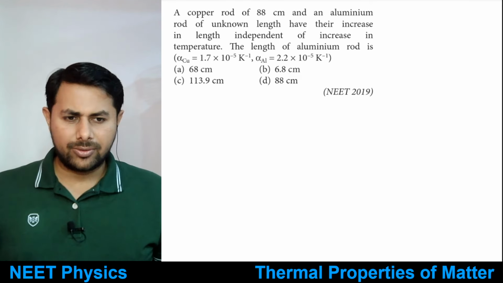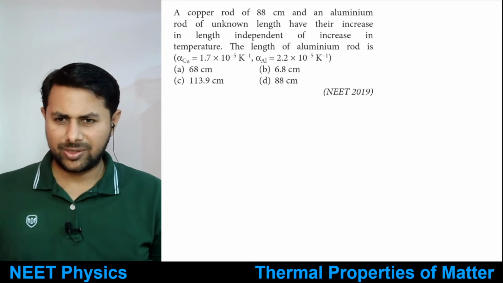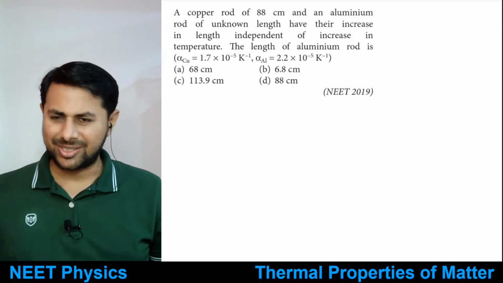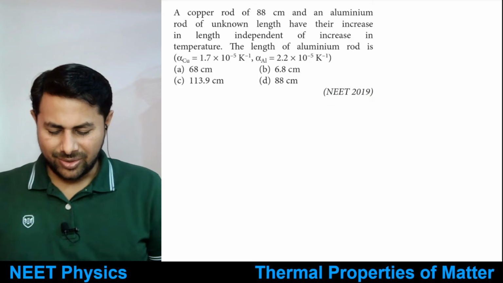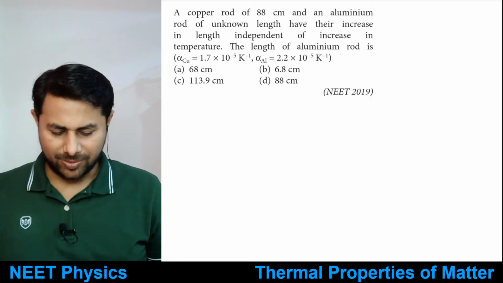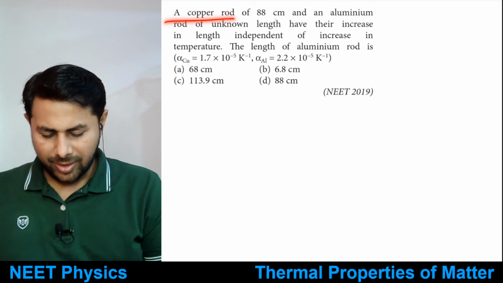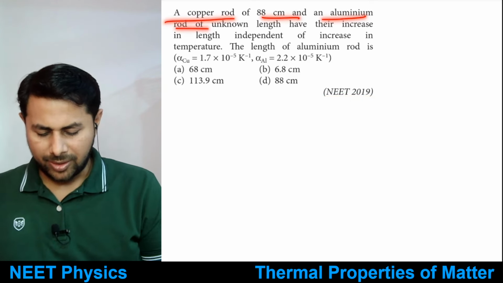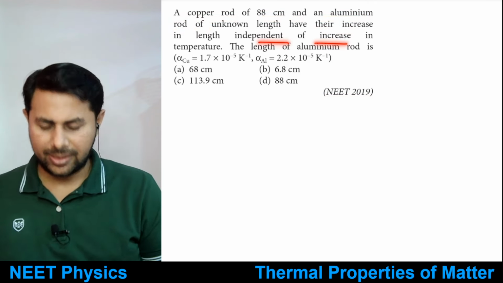Okay, so it's 8:45, and just because we have seen linear expansion and volume expansion, let's see one question. This is from NEET 2019. We'll see one question and we'll stop. A copper rod of 88 centimeter and an aluminum rod of unknown length have their increase in length independent of increase in temperature.